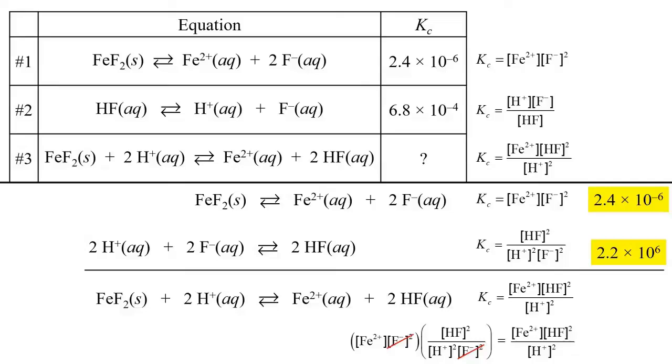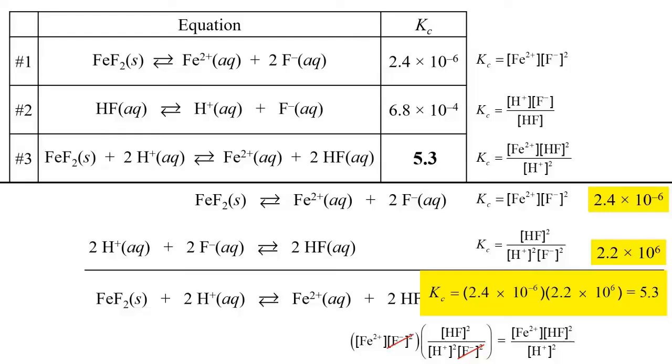So 2.4 times 10 to the negative 6 is multiplied by 2.2 times 10 to the 6. When we do that math, we get an answer of 5.3. So the correct answer for the Kc for equation 3 is 5.3.